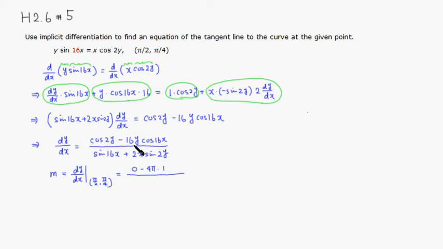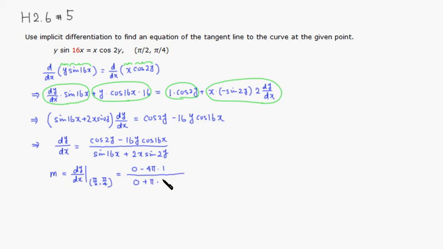Then you have sine of 16x, so this is sine of 8 pi, which is going to be 0. Then you have 2x, so 2 times pi over 2 is just pi. Then sine of 2y, so sine of pi over 4 times 2, so pi over 2. Sine of pi over 2 is 1.